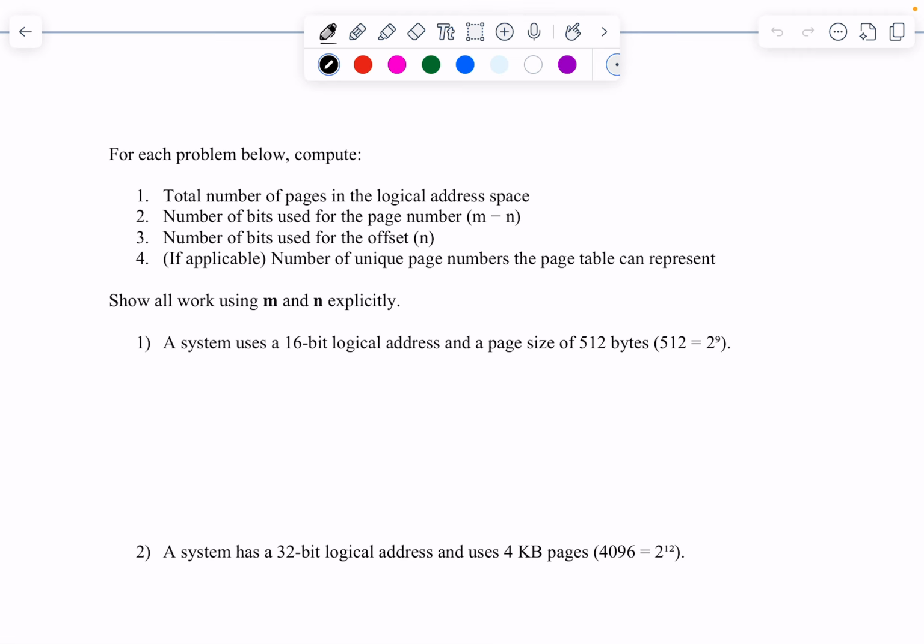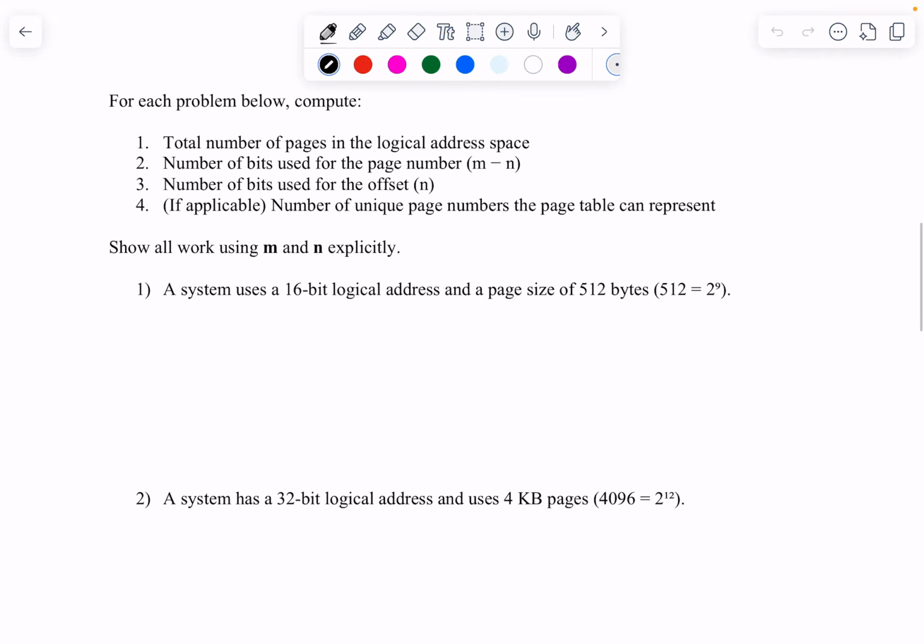So we have a 16-bit logical address and our page size is 512 bytes. And to get the power of 2 for the page size, that's going to be 2 to the 9th. So our first step here is basically determining the number of pages. And if we look, our m is going to be 16, our n is 9.